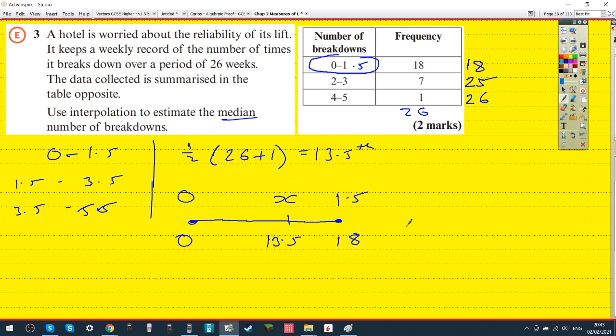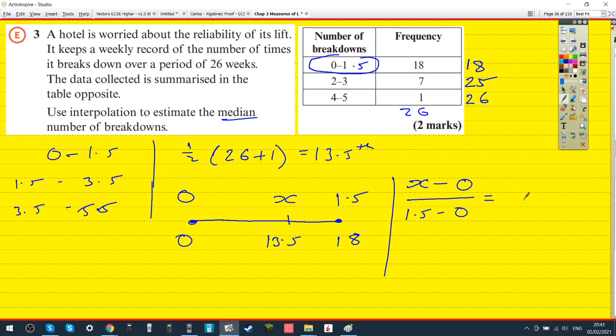Yeah. And then you use the equation. Do you know it? Is it x minus 0 over 18? Over the total of the top line, 1.5 minus 0.